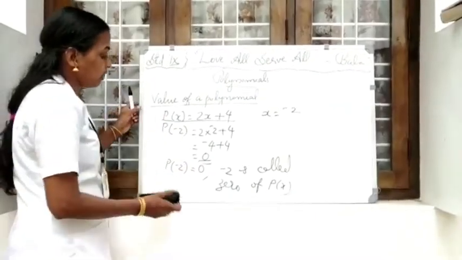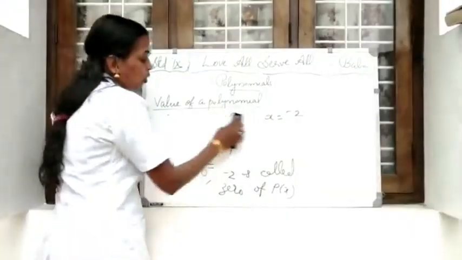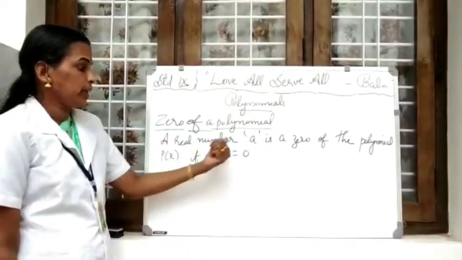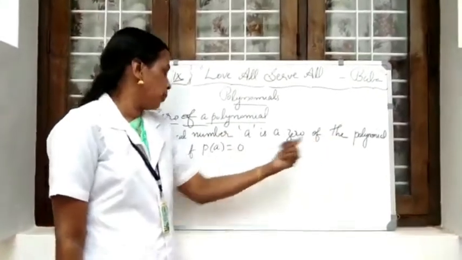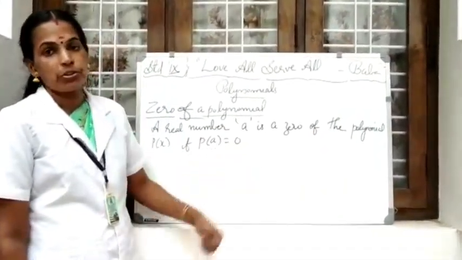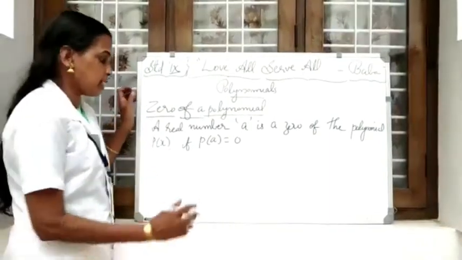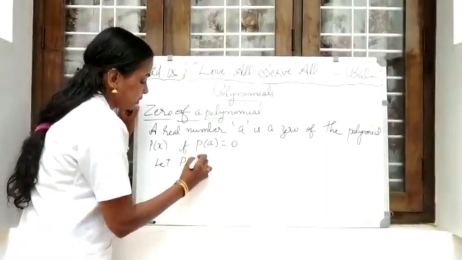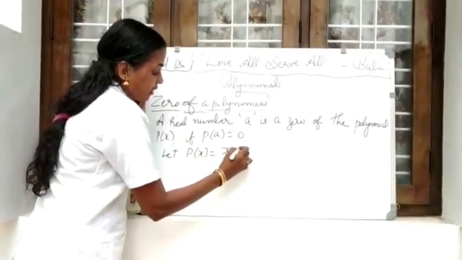So when we call a value as 0 of a polynomial: a real number a is a 0 of the polynomial p of x if p of a equal to 0. We can consider one more example. Let p of x equal to x plus 5.